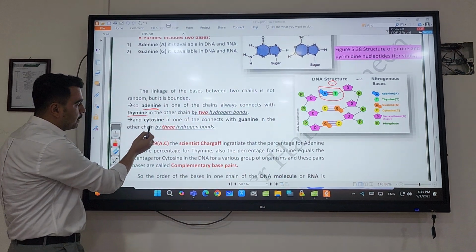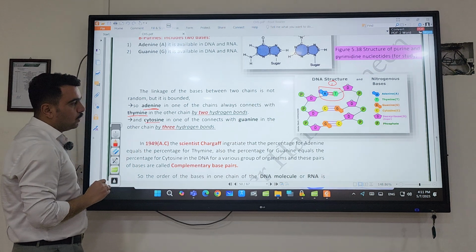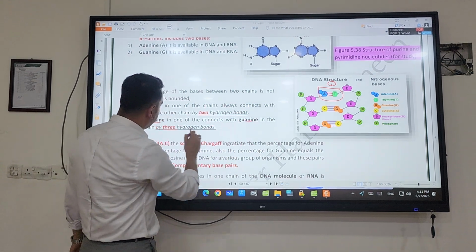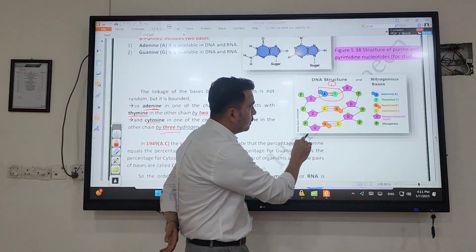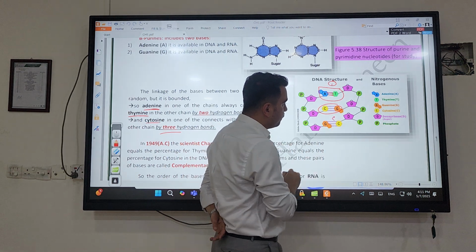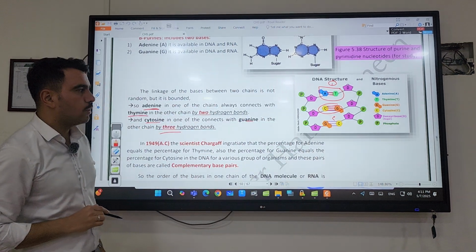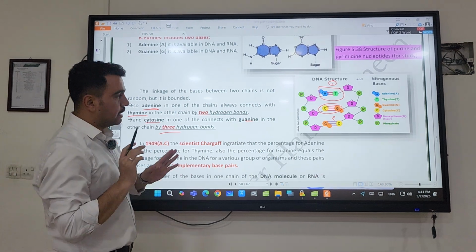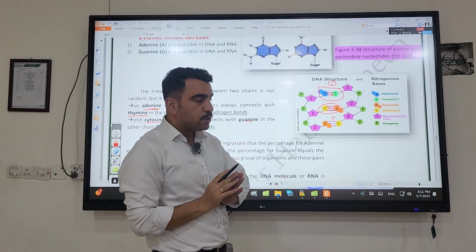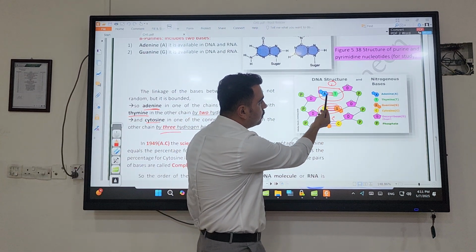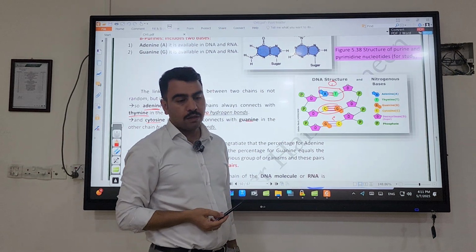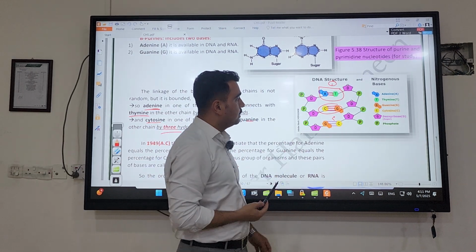But the second example, cytosine, always connects with guanine by 3 hydrogen bonds in here. You see? We have 3 hydrogen bonds between cytosine and guanine. So it means that it's impossible for guanine to make a bond with adenine because their structure is different.